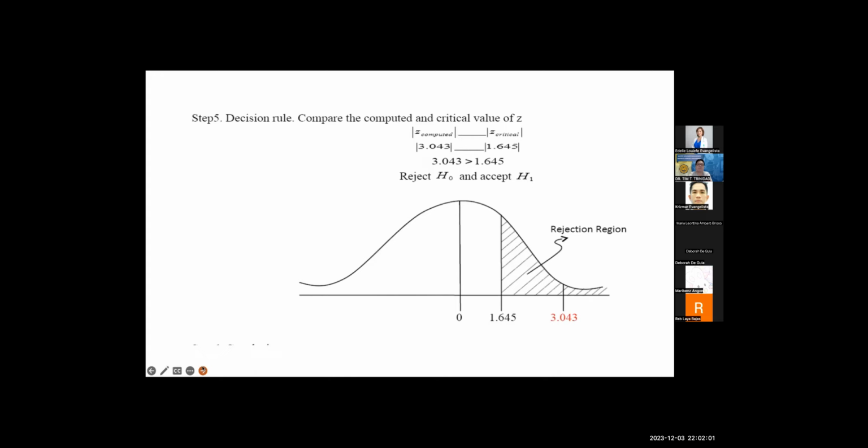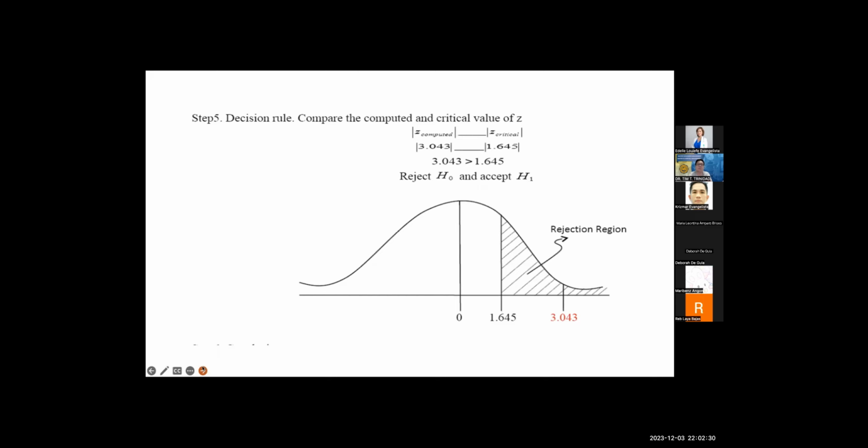So same sa mga step-by-step discussion made a while ago, since the computed value of 3.043 is more than that of the critical 1.645, which we got from the table, then we need to reject the null hypothesis. So we need to accept the alternative hypothesis mentioned a while ago, that the mean salary of the deans is more than 63,000 po.